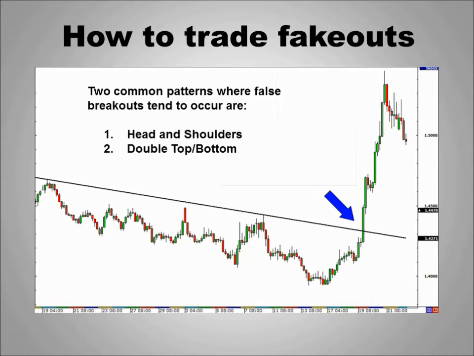Okay, so here where I have the blue arrow, I'm pointing at the breach, and here's what we need to look at. So here we have a couple of patterns. We have the head and shoulders, and we have the double top. Now, as we can see right here, we have the candlestick chart patterns, as I mentioned in the previous video.